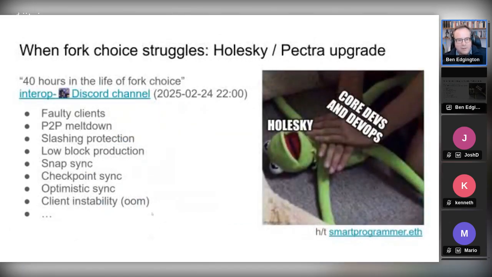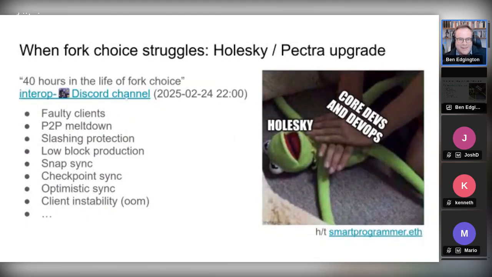And the other exciting thing about fork choice is it's not operating in a nice, clean, isolated environment. It has to operate in conjunction with the real world. So 2 weeks ago, the Holesky testnet was upgraded with Pectra, and it was, shall we say, a disaster.